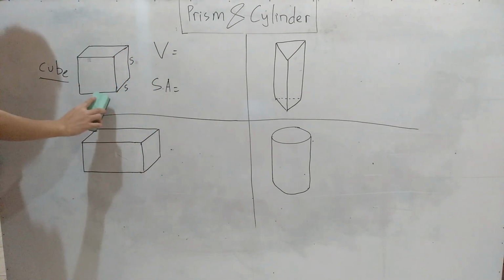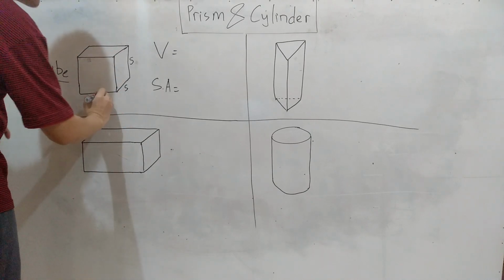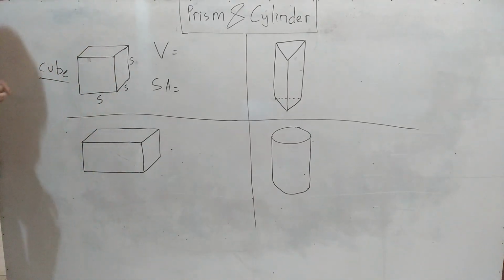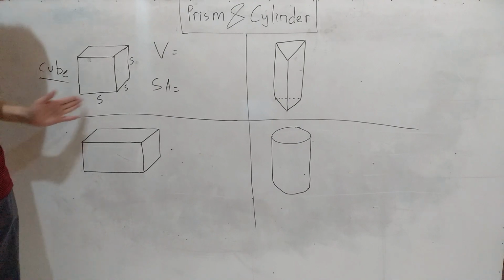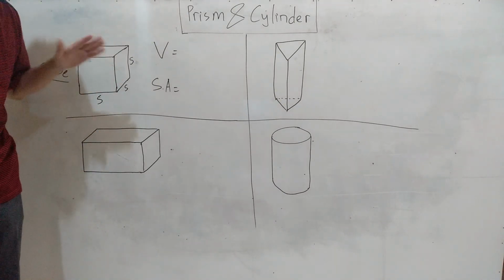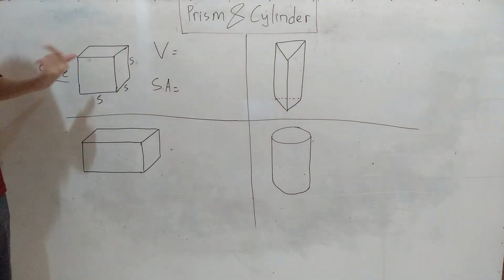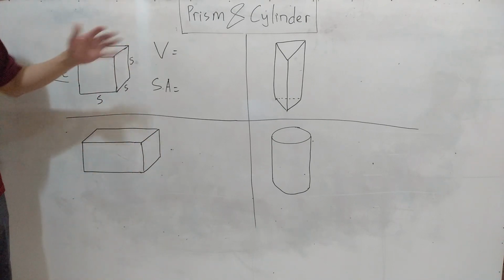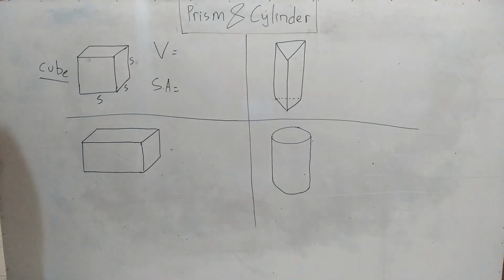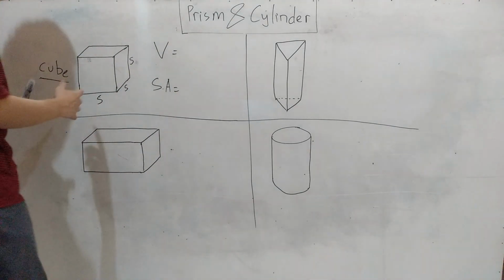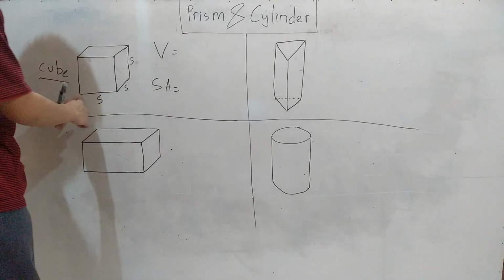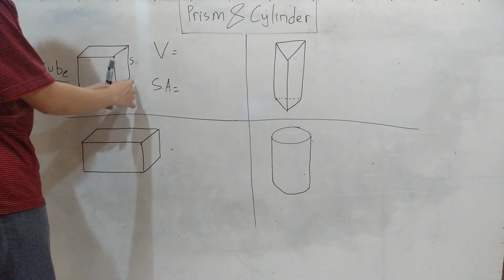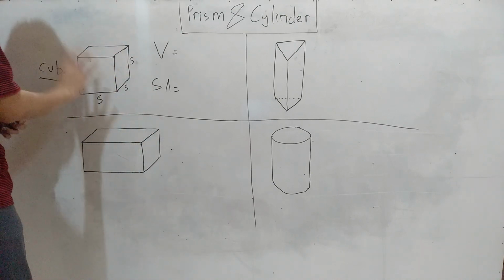Why do I put the same? Because let's say that I had a cube with the side of 5, that means from left to right 5, front to back 5, bottom to top 5. That's why I put S, S, and S, or side, side, and side. When we talk about the volume, you will multiply the length, the breadth, and the height of the cube itself.